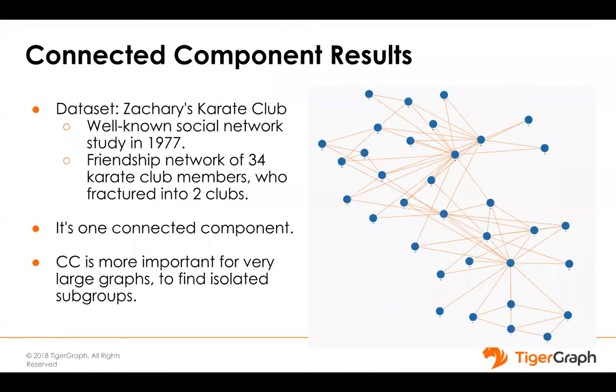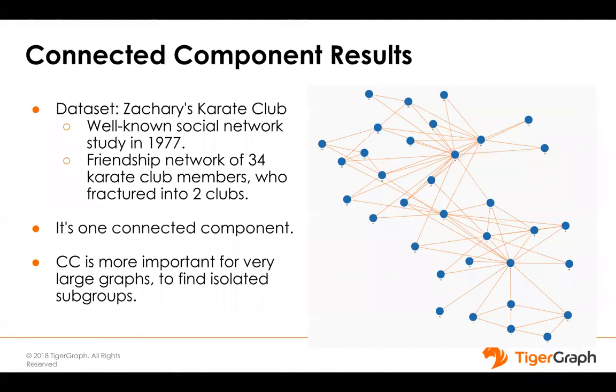And here is a result. The graph on the right actually represents a very famous data set. It looks very small to data scientists today, but back in the 70s, this was important. And it's still useful for little demo examples like this, where you want to get your head around the data.